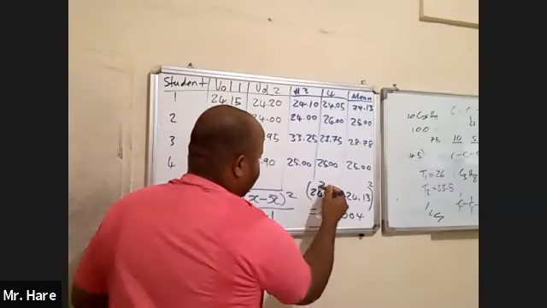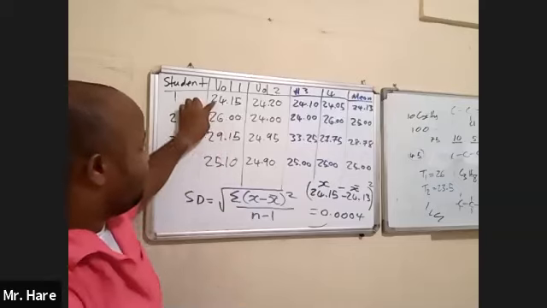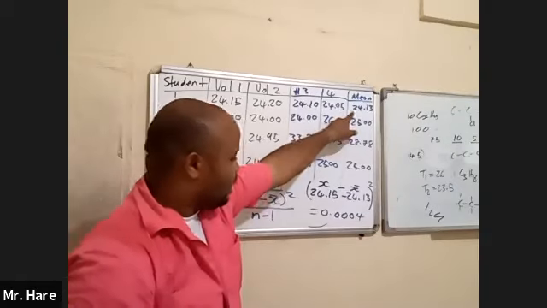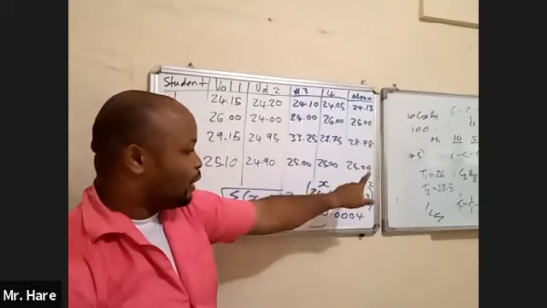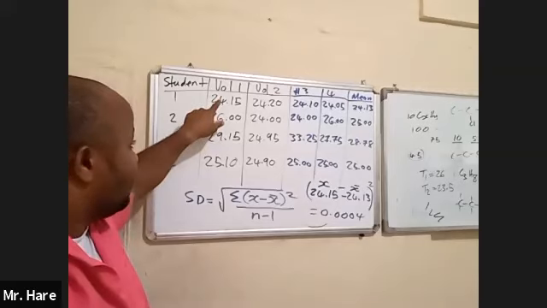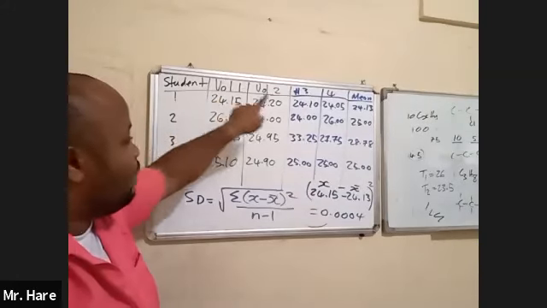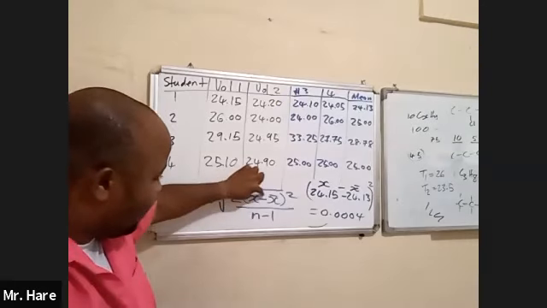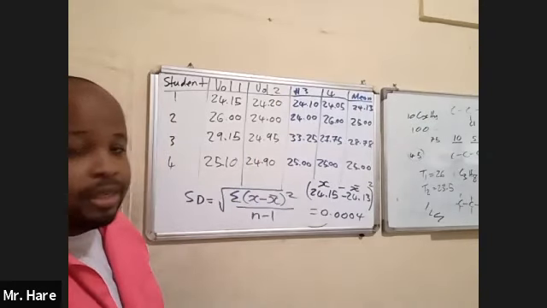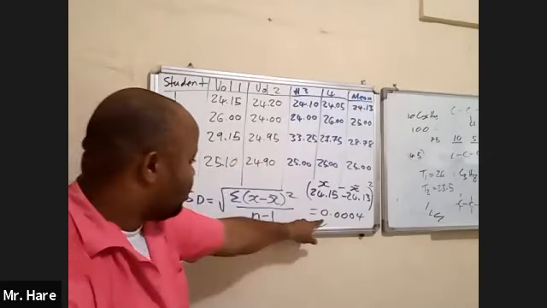That's this value here minus the mean, and we subtract them, square it, we get our answer. But that is just for one individual data point. You have to do it for this one, and this one. Then you add it up. That is what the sum of X minus X bar squared means. So we did one already, and we get 0.0004.